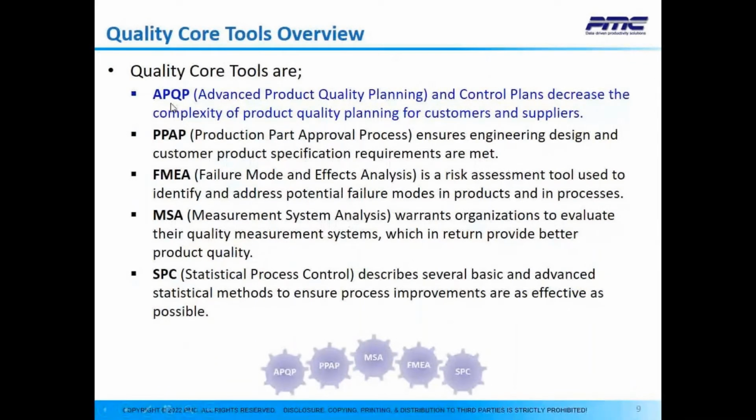As I said before, you see the blue font, APQP, that's the one we're going to be talking about today. Advanced product quality planning and control plans decrease the complexity of product quality planning for customers and suppliers. The PPAP, the production part approval process, ensures engineering design and customer product specification requirements are met. FMEA, failure mode and effects analysis, is a risk assessment tool used to identify and address potential failure modes in products and processes.